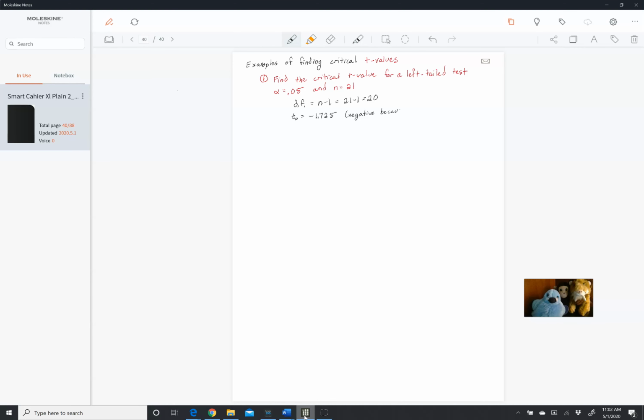It's negative because it's a left tail test.